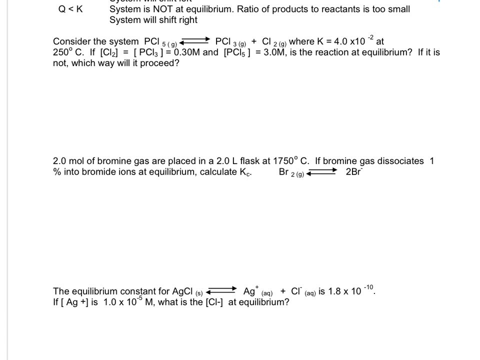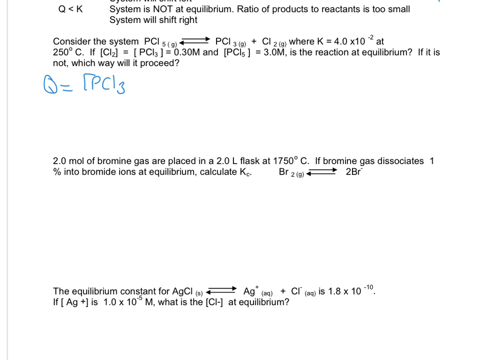So first thing you do is always write your Q or K expression. In this case, because we don't know we're at equilibrium, we're going to call it Q instead of K. So you call it K if you're at equilibrium. You call it Q if you're not sure. So your Q expression is going to be products over reactants raised to the power of their coefficients.